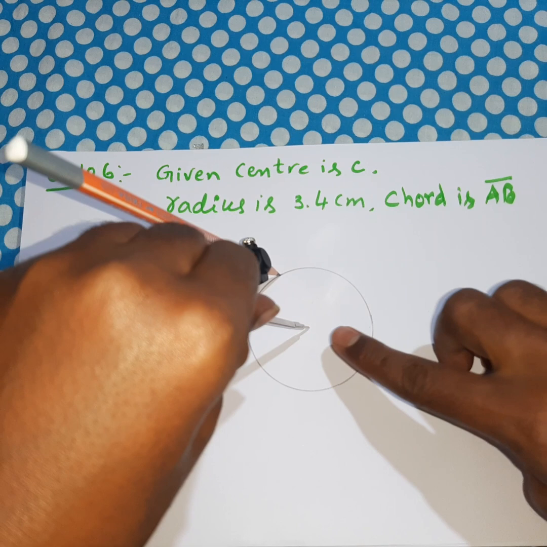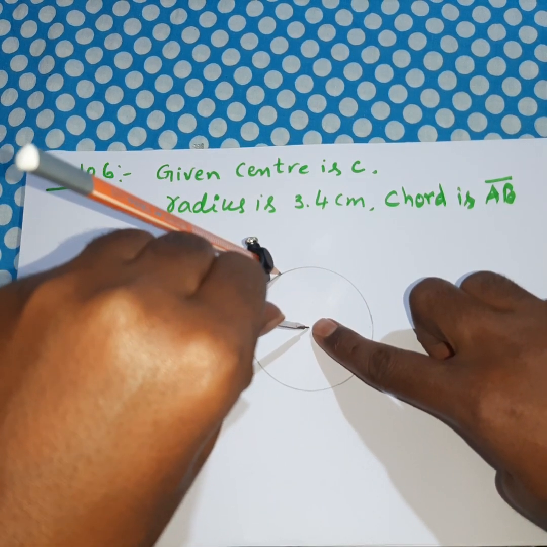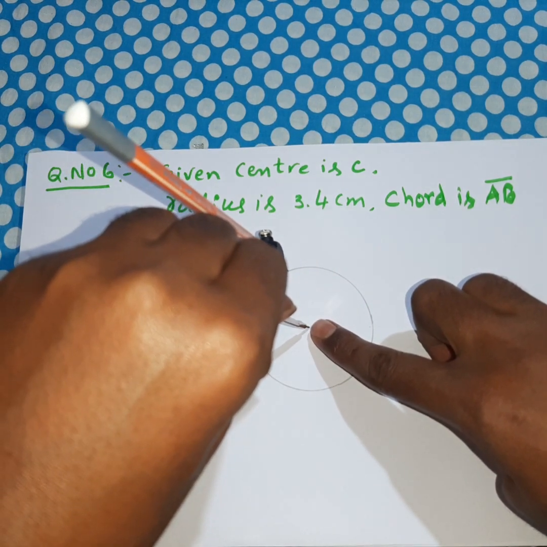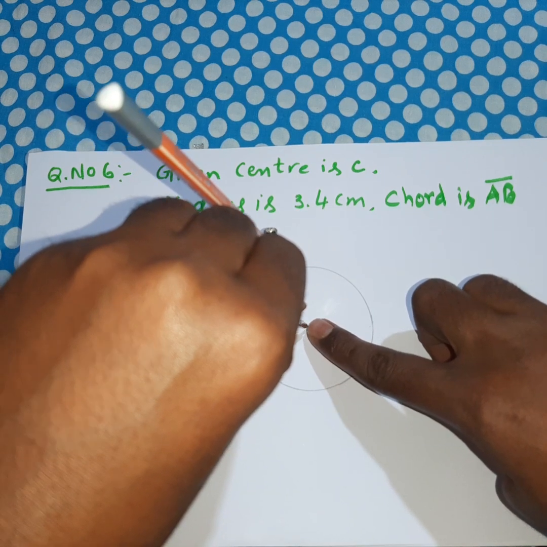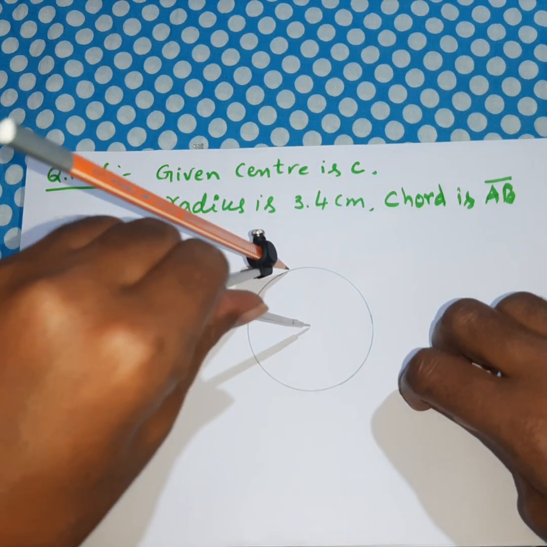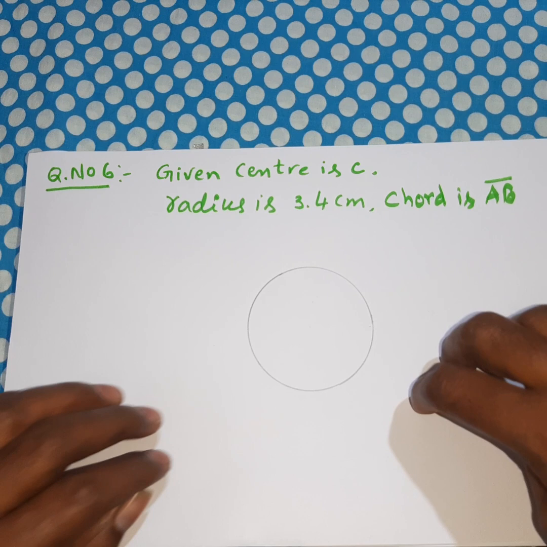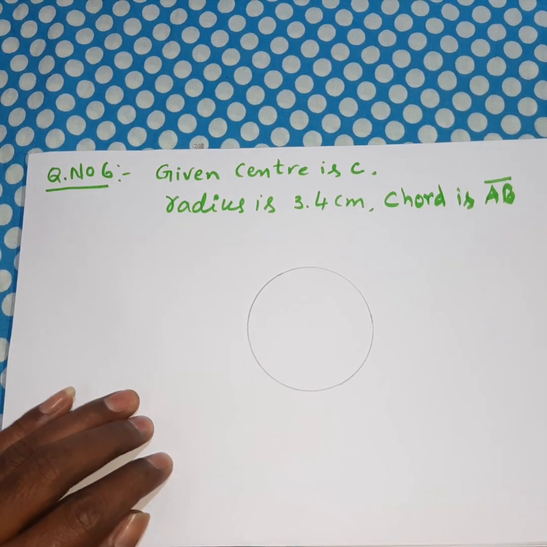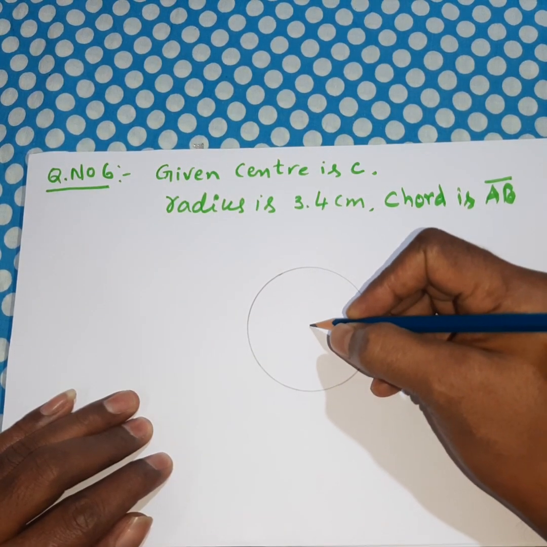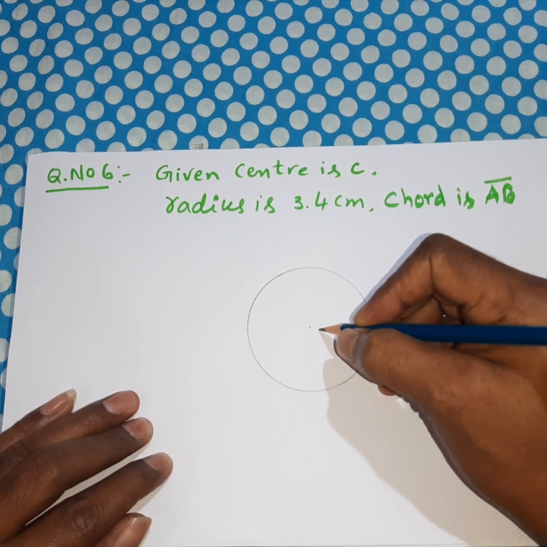Wherever we keep this pin tip, that is called the center of the circle. So here this is the center of the circle C.